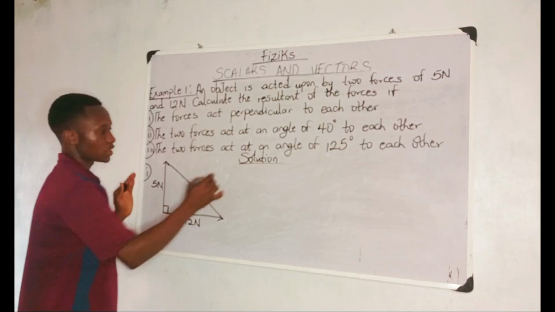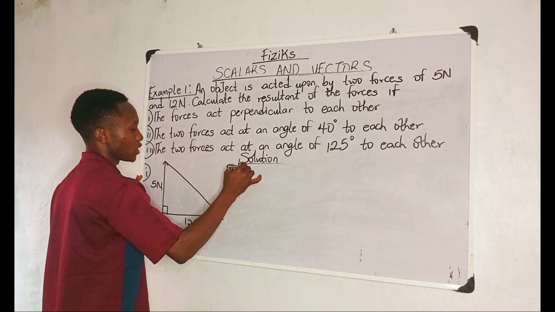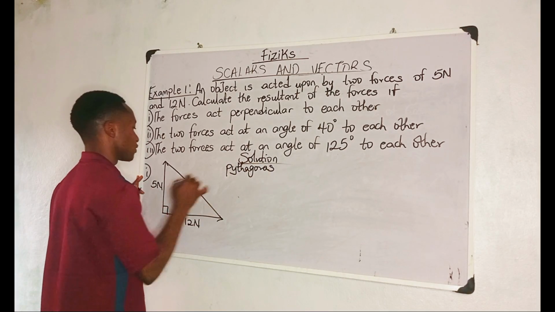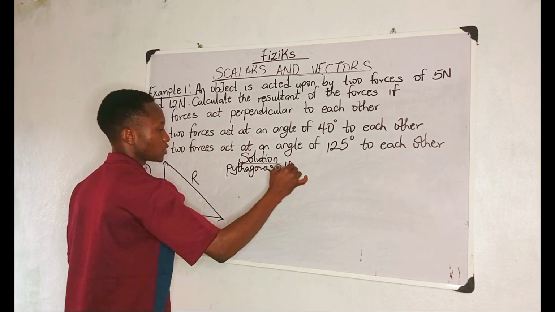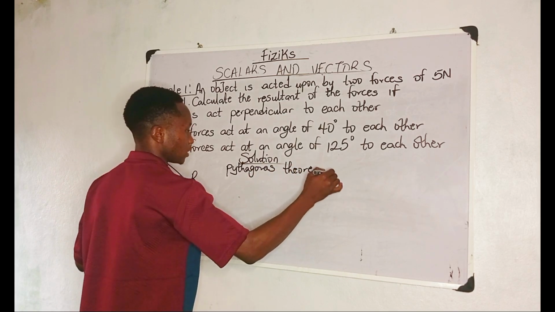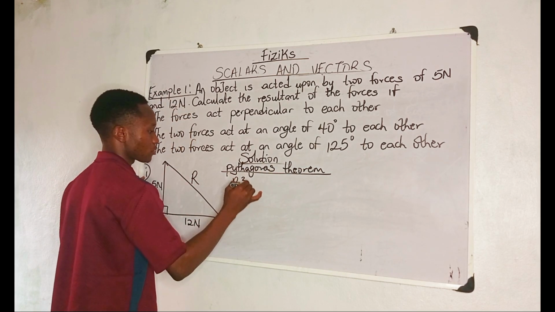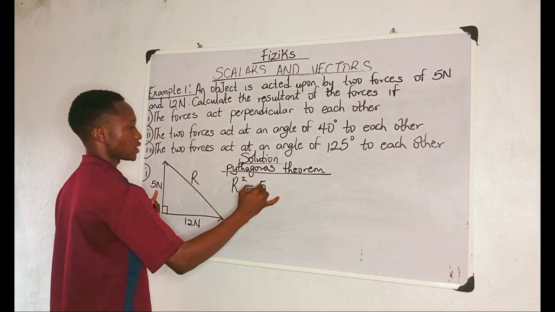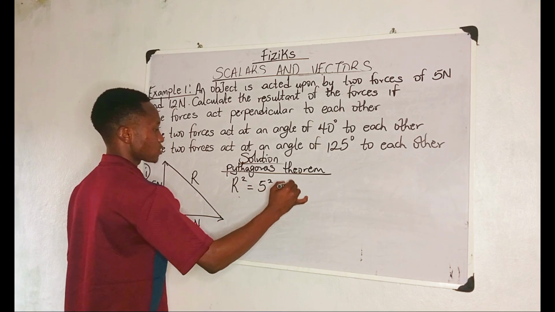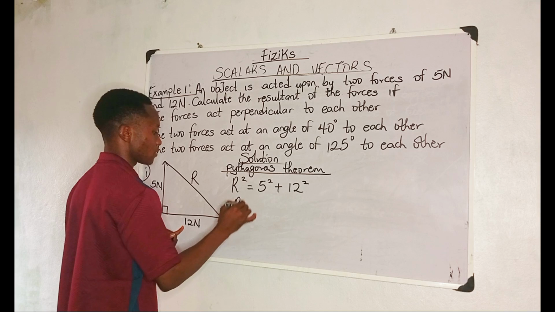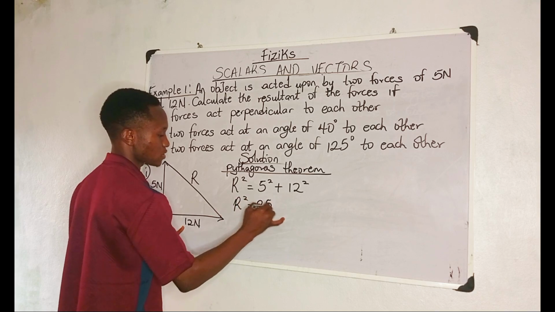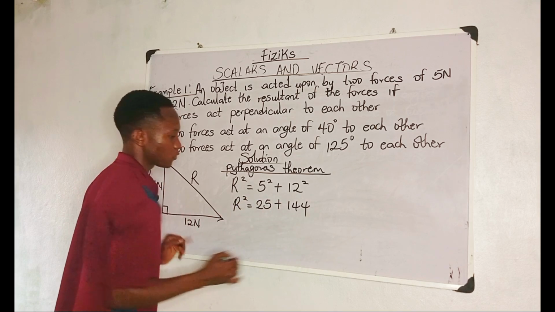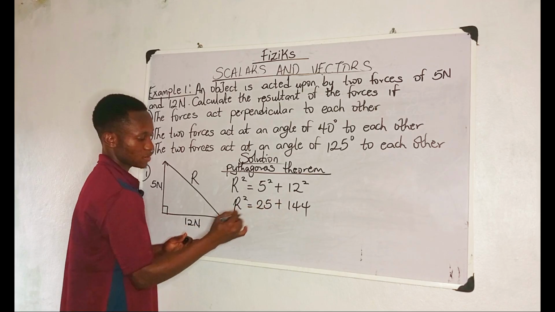So the first thing to do here is make use of Pythagoras theorem. Here will be my R. Pythagoras theorem says R squared is equal to 5 squared plus 12 squared. So R squared is equal to 25 plus 144. When you add this, what will you have?